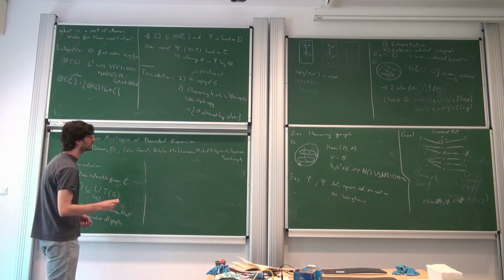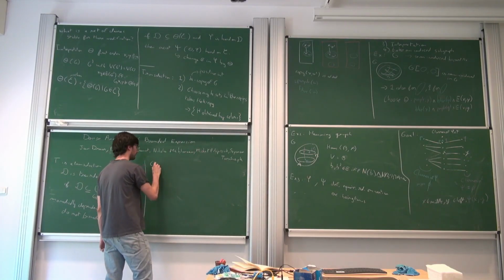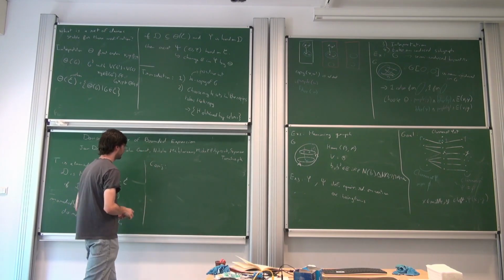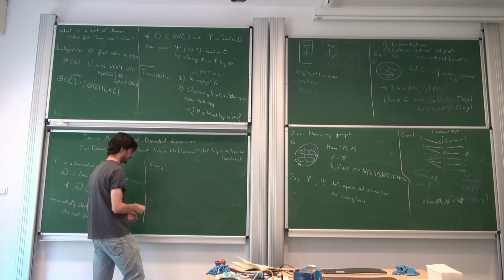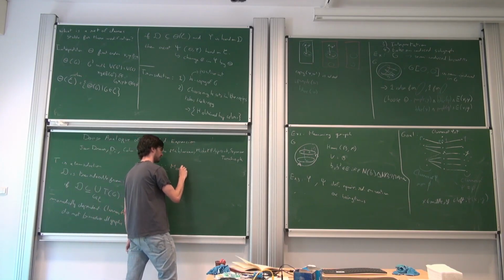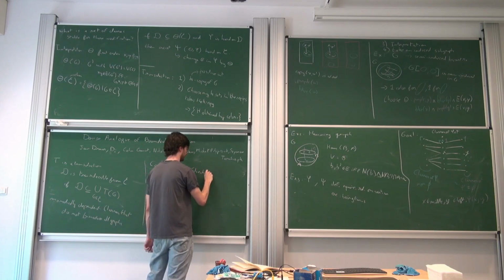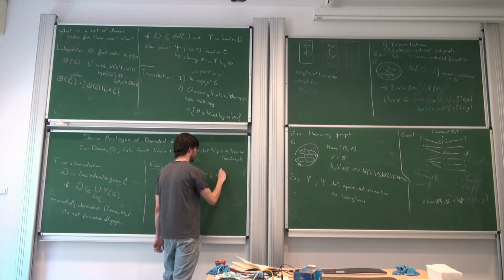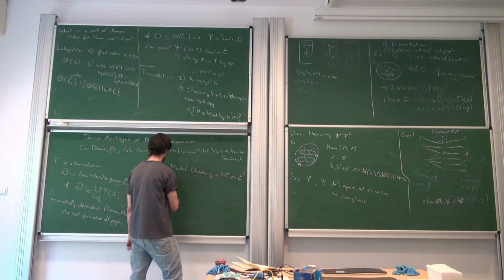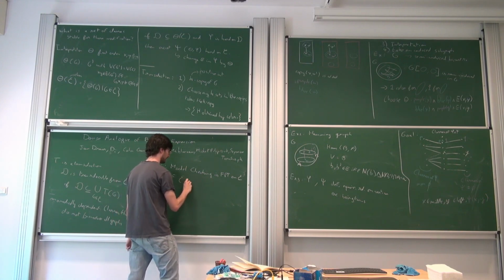Okay. So the main conjecture of this field is that model checking is FPT on a class C if and only if C is dependent.